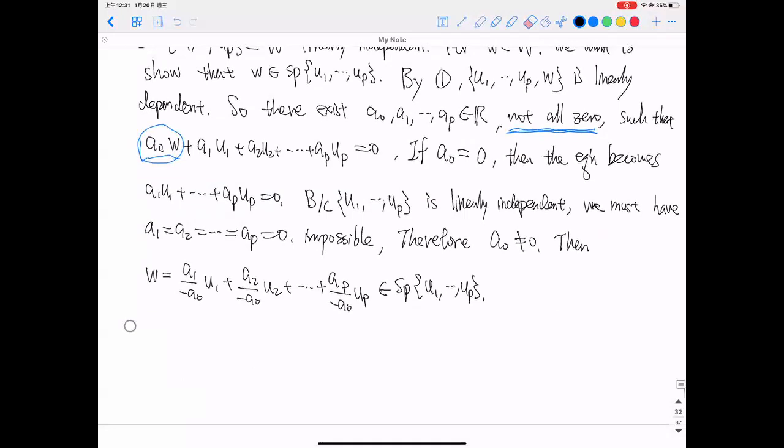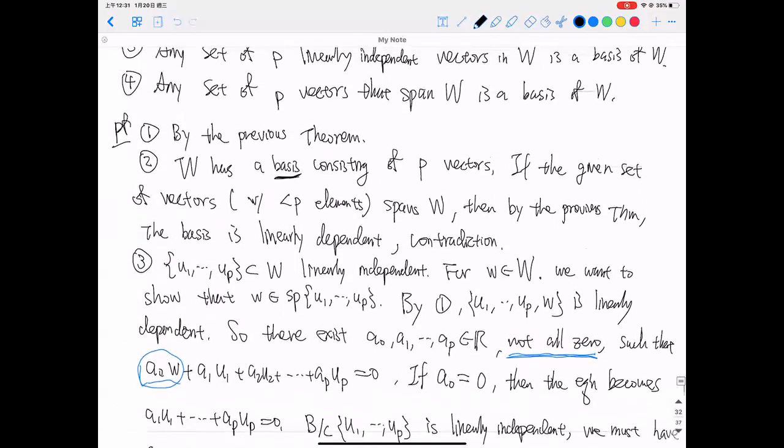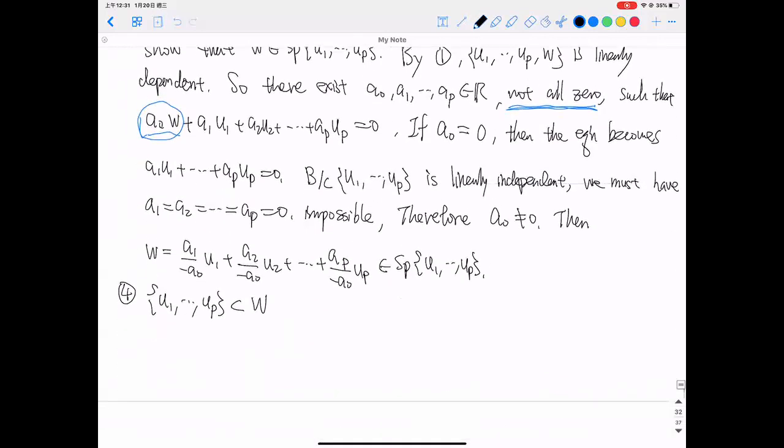Now, the last property, again, let's fix the notation. The last property requires that suppose we have P vectors that span.